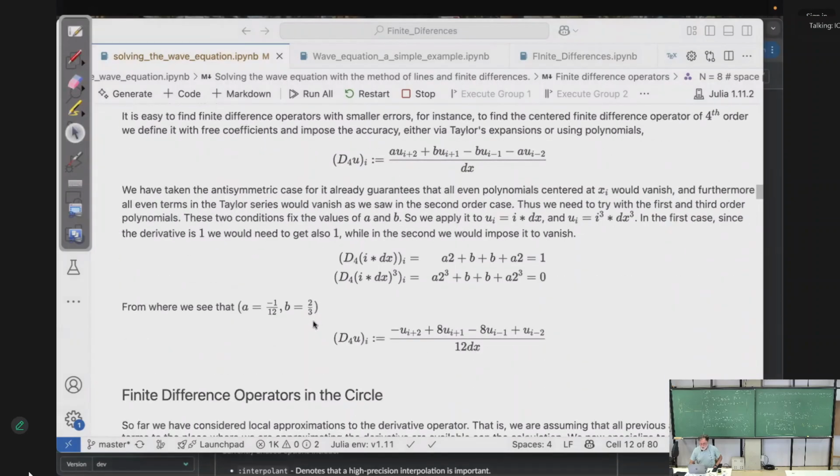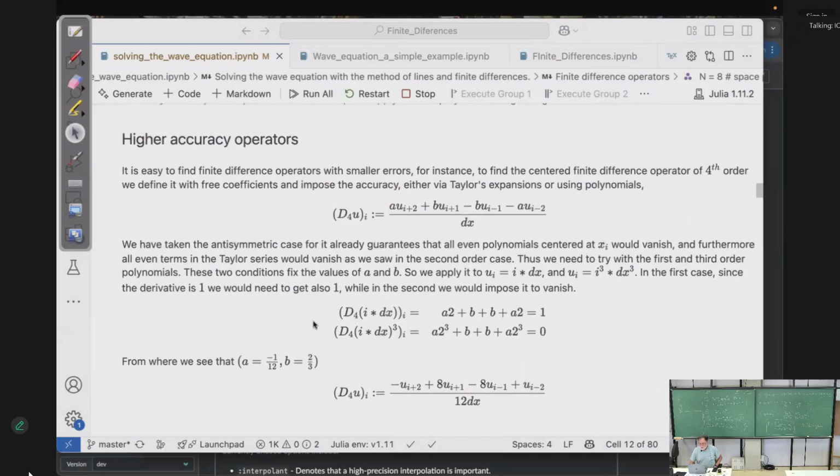In fact, we can have these high accuracy operators by just, for instance, for the D4, we say, okay, we will take a centered stencil with 2 points on each side and with some constants here that we have to find out, and we apply it to polynomials, to linear polynomials here and to cubic polynomials, which are 0 at the point I. So they are these two.